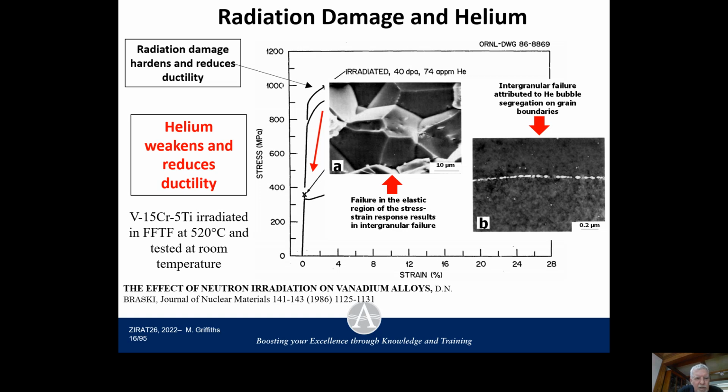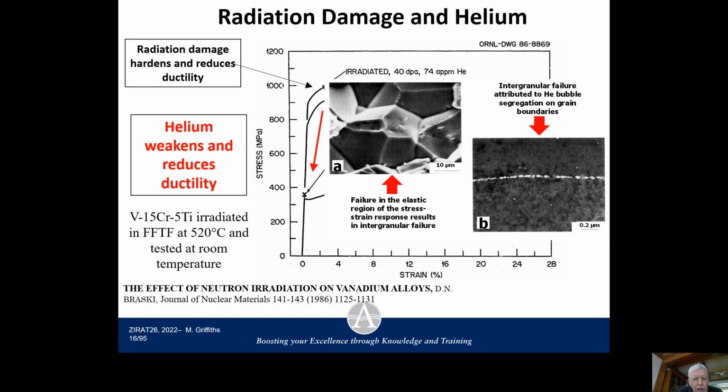These are the results from Brasky from back in 1986 on vanadium, chrome, titanium. Here's a typical unirradiated curve, and vanadium is just like iron. It's a BCC stabilizer, so this is an alpha phase alloy.